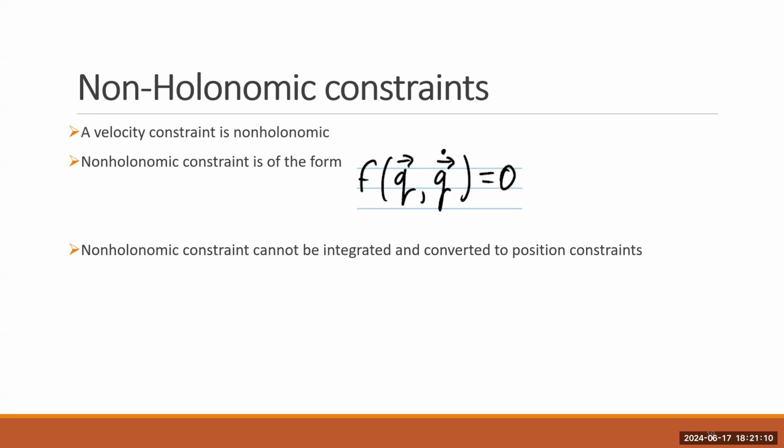A velocity constraint is said to be non-holonomic if it is of the form of a function of q and q dot equals 0. This is in general a non-holonomic constraint. It cannot be integrated, and therefore we cannot reduce the number of degrees of freedom or the number of configuration parameters.